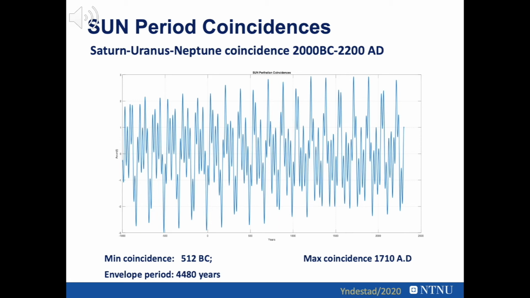It follows an envelope period of 4,480 years and has a minimum at 512 before Christ and a maximum at the year 1710. At the same time, the coincidences are now much more complex.